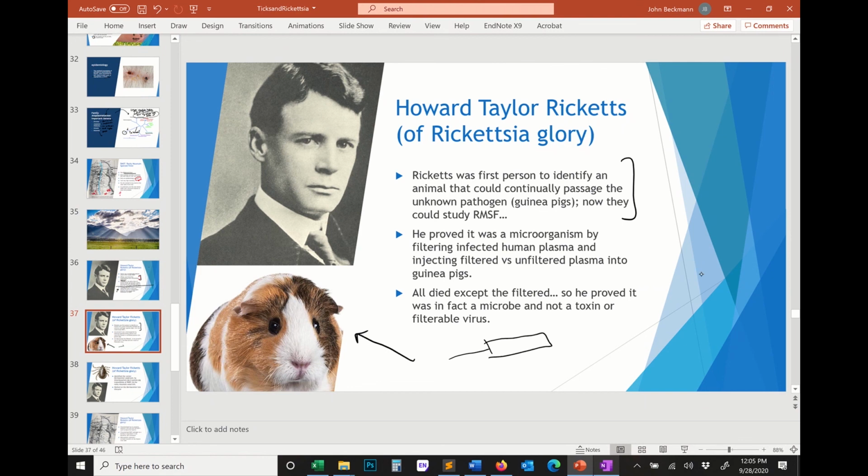He had guinea pigs, and he would inject them, they would get sick, and then he would take some of their blood and inject it into a new guinea pig. He would just passage the disease in guinea pigs. So he figured out a system through which he could study Rocky Mountain spotted fever by infecting and passing it in guinea pigs.